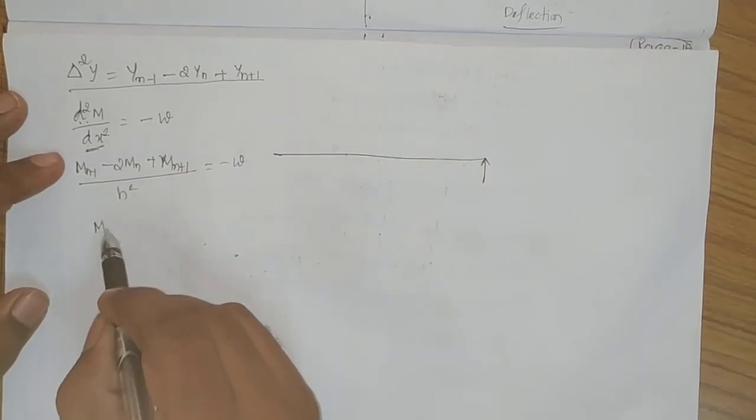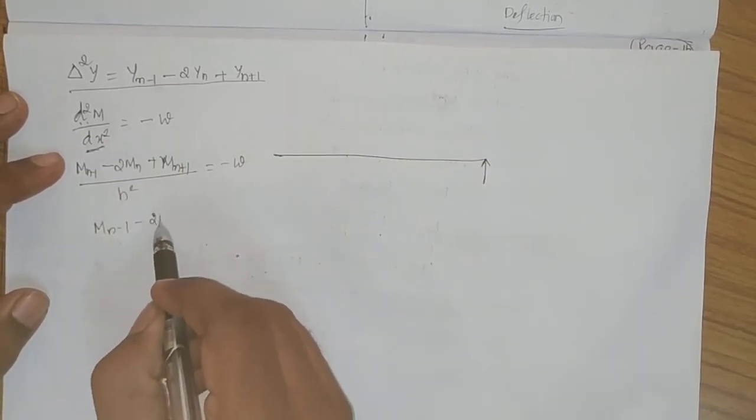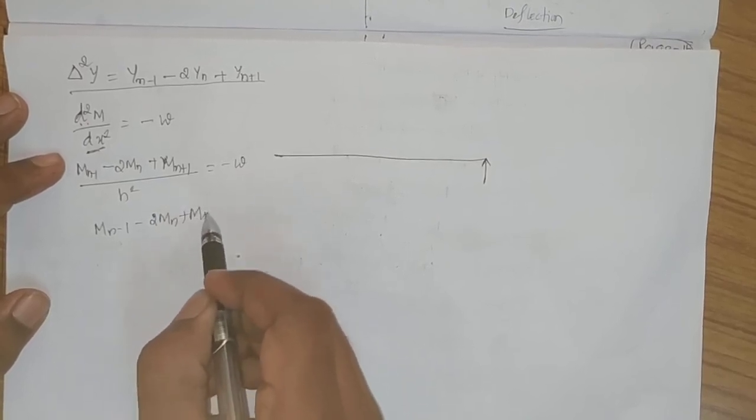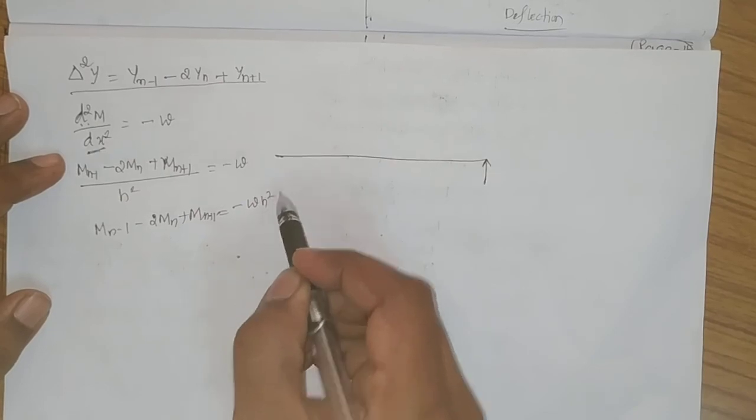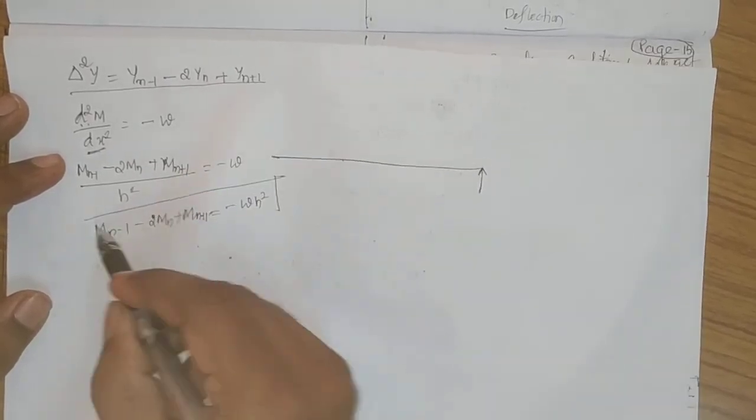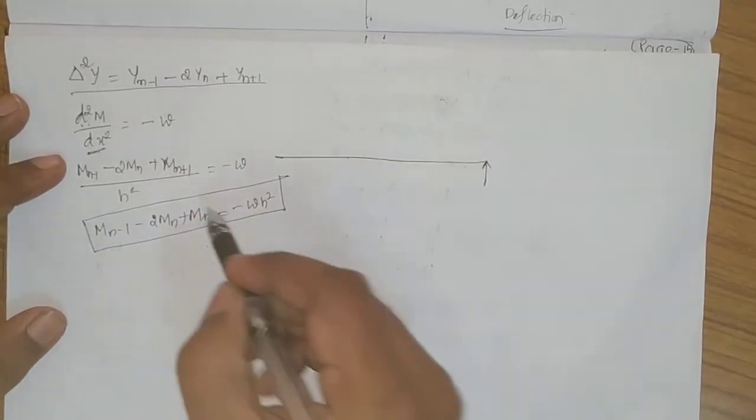Therefore M(n-1) minus 2Mn plus M(n+1) is equal to minus w h square. This is the one equation which you need to remember.